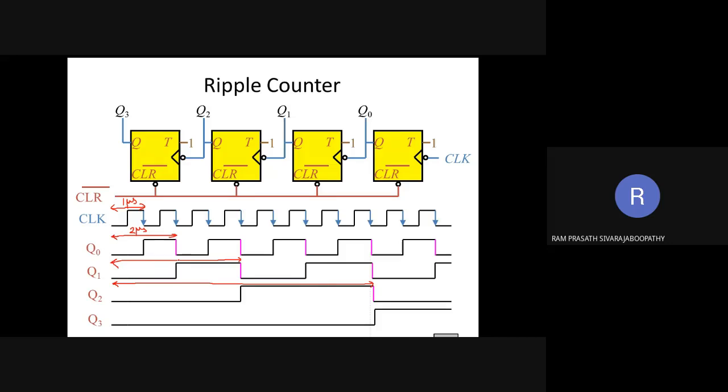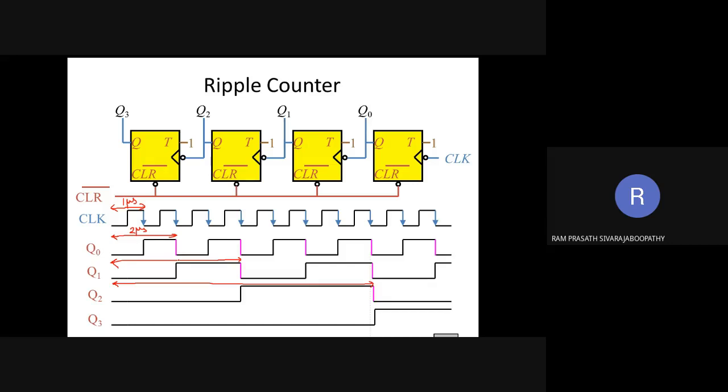What will happen when we give T equal to 0? If you give T equal to 0, it will go into memory state. If we make all the flip-flops 0, counting will not happen. See, we have studied the characteristics of the T flip-flop. If T equal to 0, memory state; if T equal to 1, toggle state.